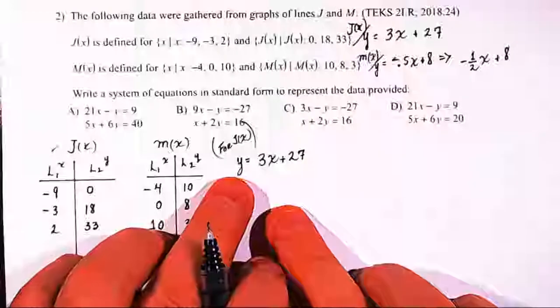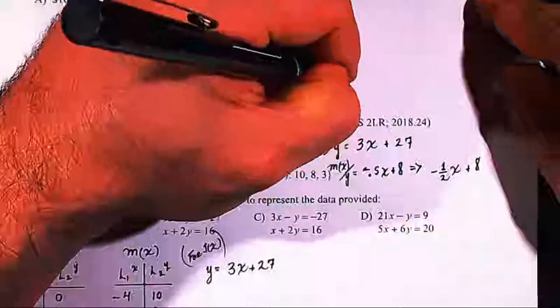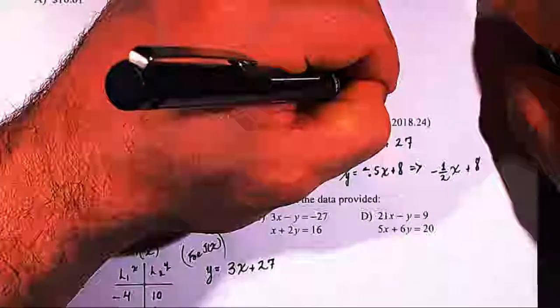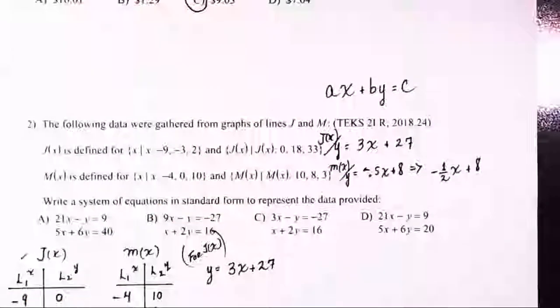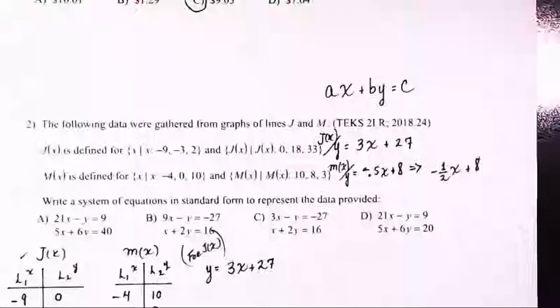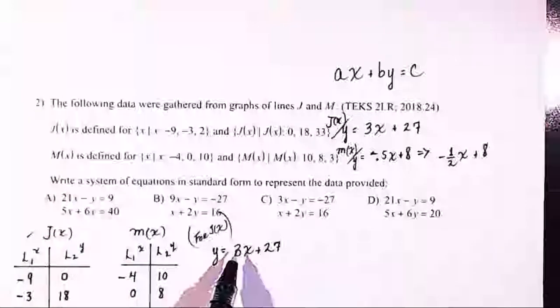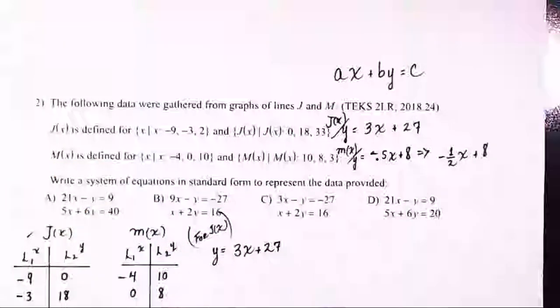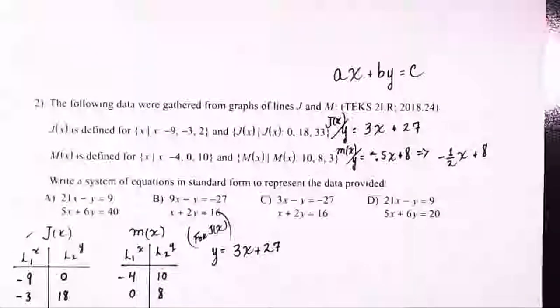Okay, that's slope-intercept form. Now remember, what I want is standard form. The standard form is ax plus by equals c, where a, b, and c are whole numbers and a is positive. This skill, as I've said in previous videos, of converting from slope-intercept to standard and standard back to slope-intercept, is one of the three skills in Algebra 1 that it is so important that you know how to do.